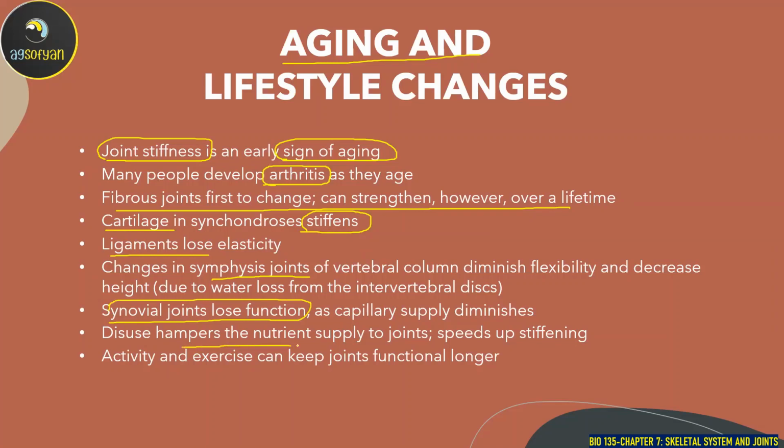Disuse or less nutrient supply to the joint will speed up the hardening of the cartilage. Activity and exercise usually will keep the joint's functions longer.